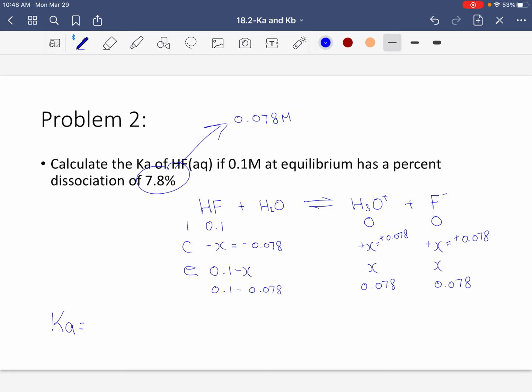Ka is going to be over... okay, so using my super fast math skill, calling a calculator, Ka is going to be 6.6 times 10 to the power of negative 4.